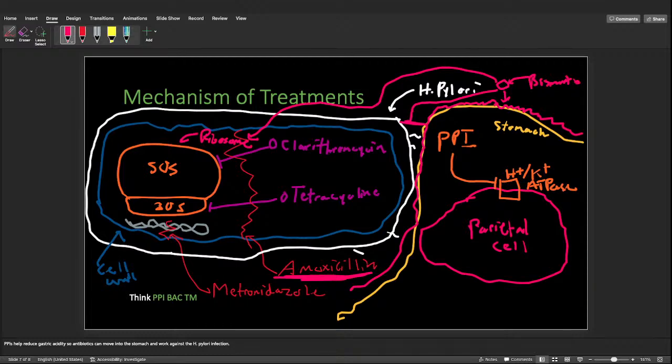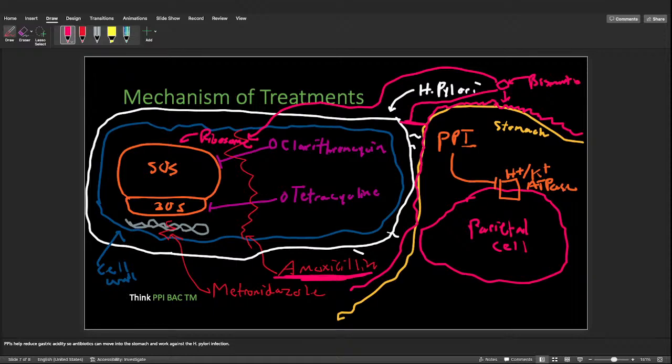Amoxicillin is going to basically disrupt the cell wall synthesis, so it's not going to let the bacteria have a very strong cell wall. You can see the squiggly red lines indicating it's breaking up the cell wall, so it's breaking up that bacteria or weakening it.